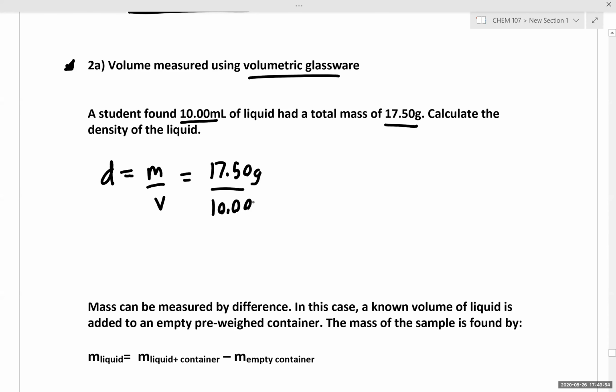By difference, we know that the mass of the liquid is equal to the mass of the container plus liquid minus the mass of the empty container. This is known as weighing by difference.